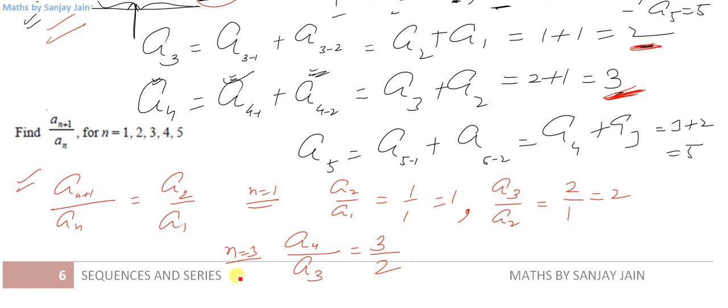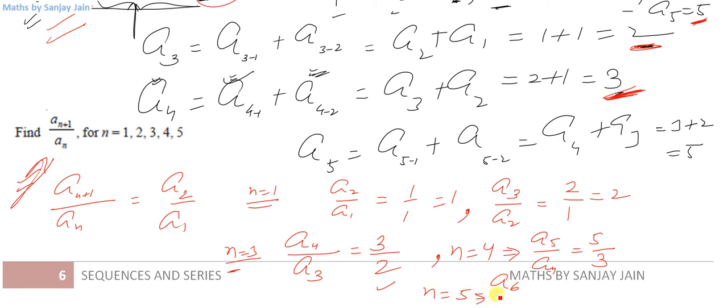So for n equal to 3, this will be the term, and for n equal to 4, the value of this expression will be given by a5 by a4. a5 was 5, and a4 was 3. So it will be 5 by 3. And what about the next one? For n equal to 5, it will be a6 by a5. a5 I know is 5, but I haven't calculated a6.